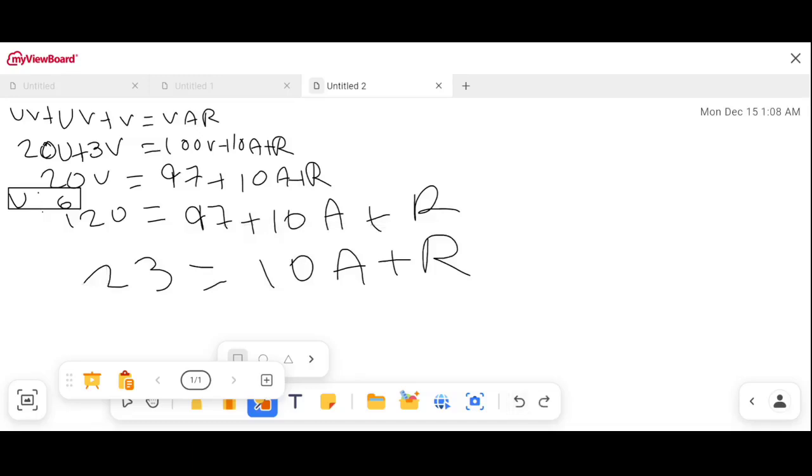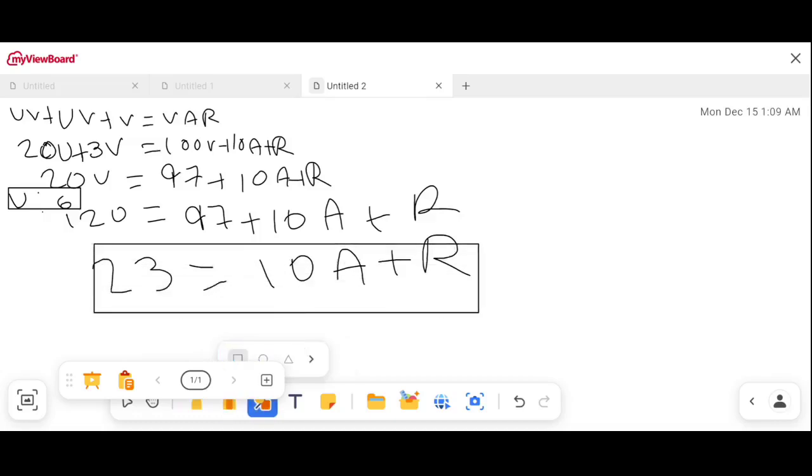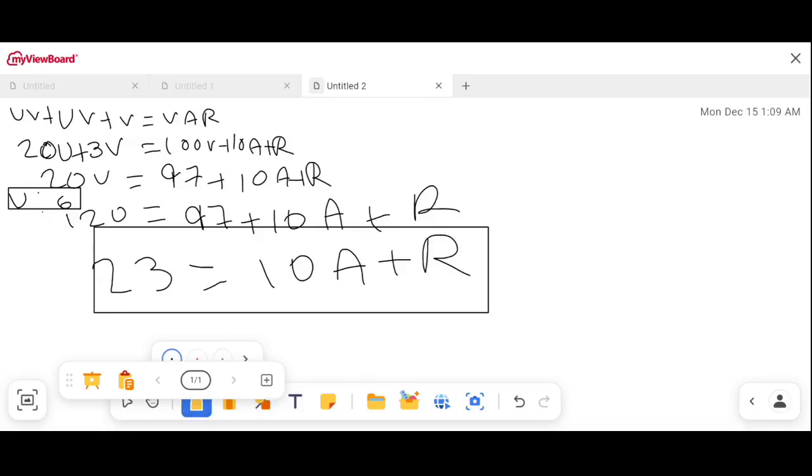Now, for this particular thing to hold, 23 equals 10a plus r. For this to hold, the value of a should be 2 and the value of r should be 3.